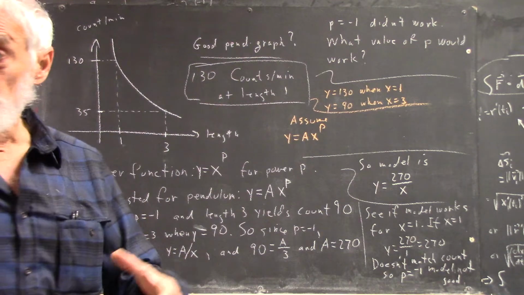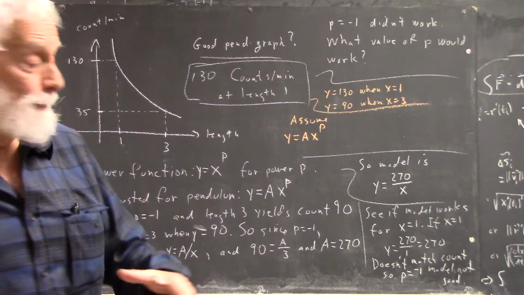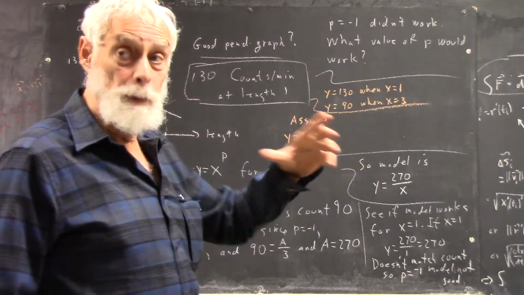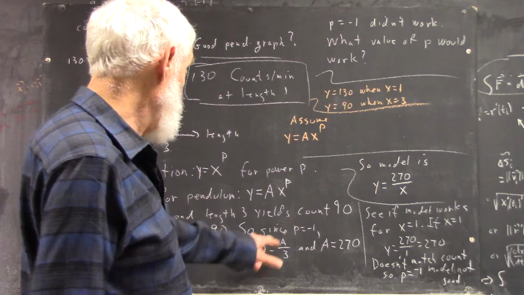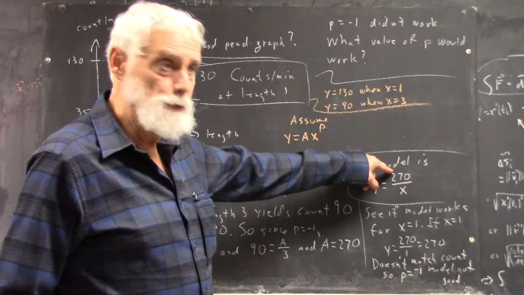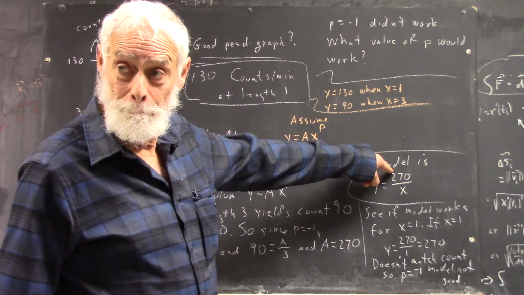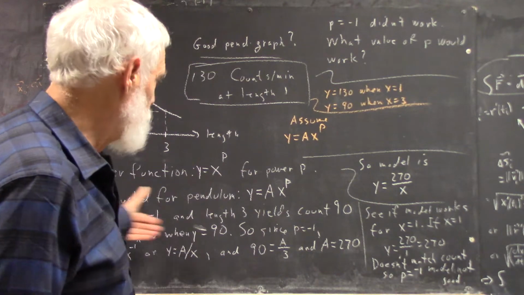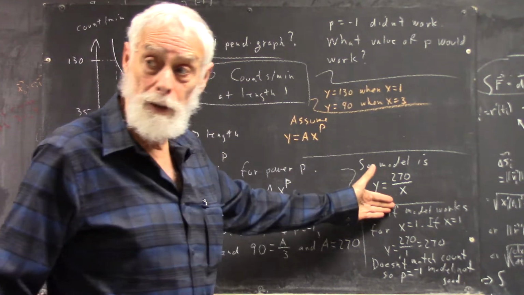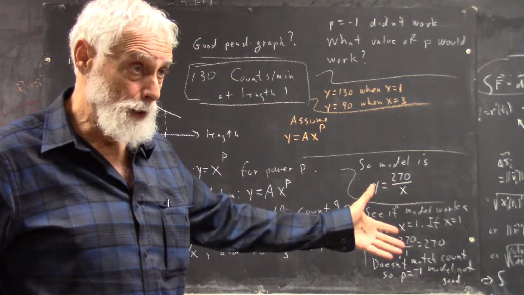So those are variables. But a and p are going to be fixed numbers. Just like here, we found out what a was. It was 270, so that's what a was going to be, right? Okay? And I specified a power of -1 here, but now I'm not going to specify the power. We're going to have to figure that out.